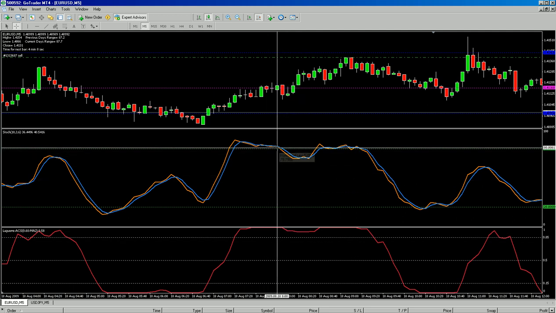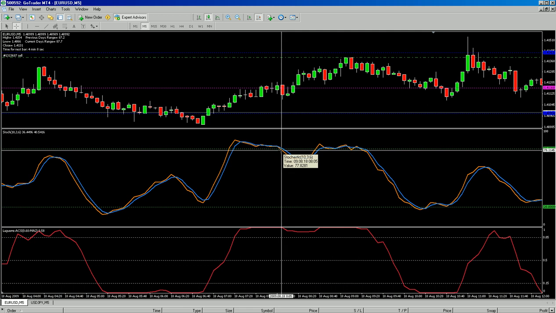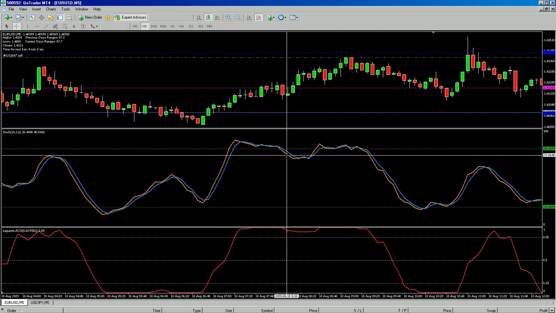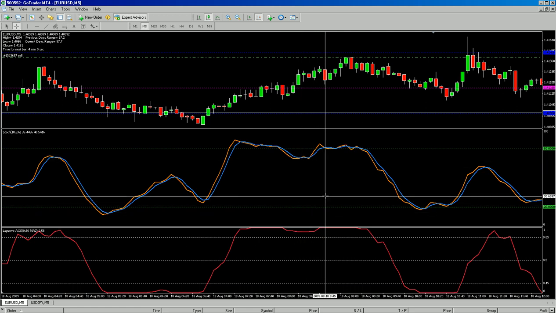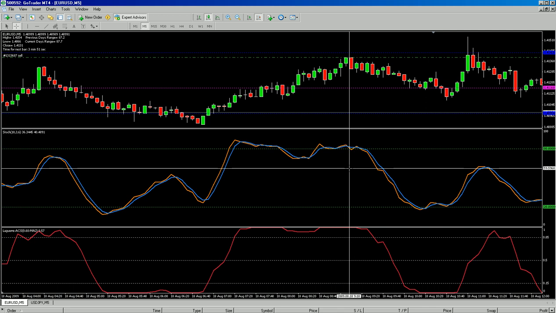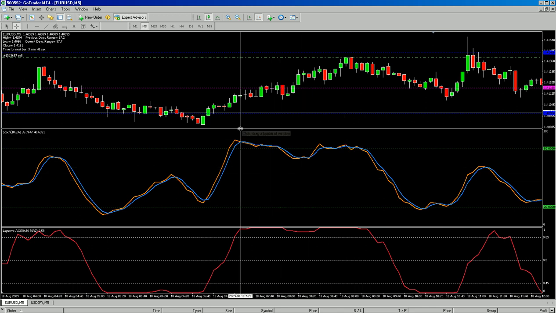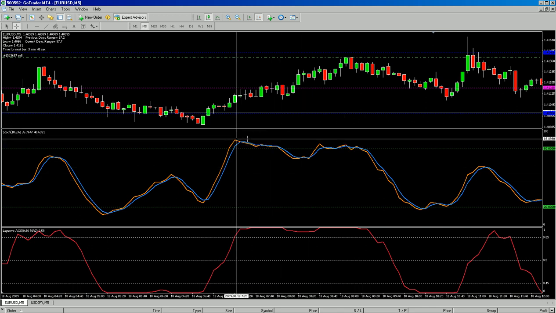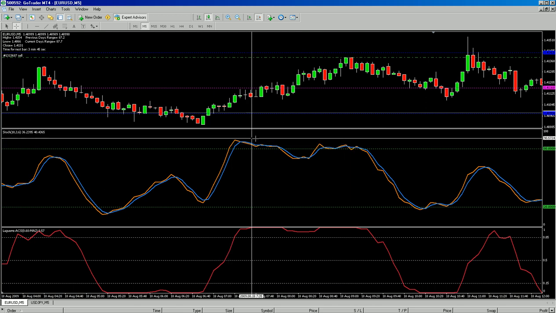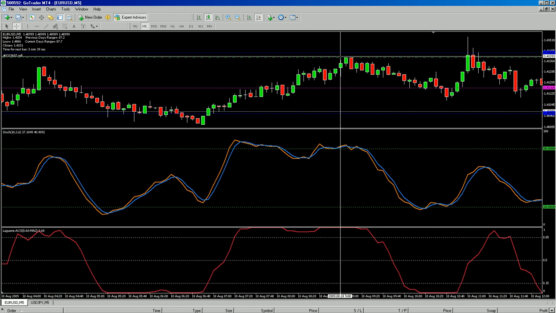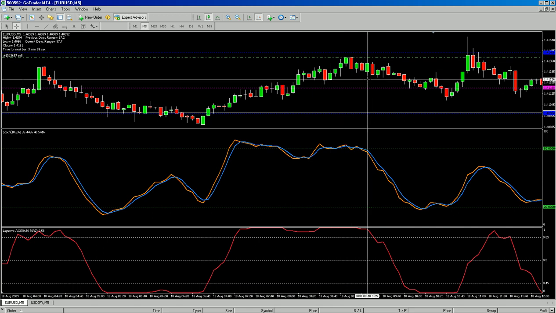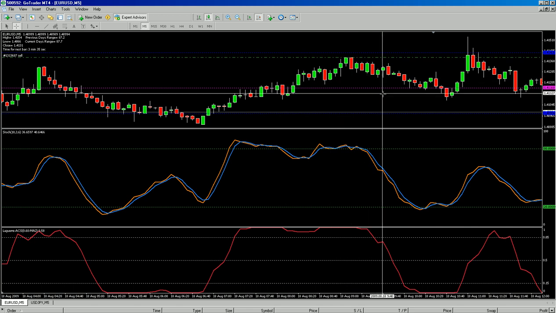Even though we have all this ugly, and look here, it's even turned down from above the overbought area, and you'd be tempted, but the lag keeps you in the trade, and up we go again. And again we have that divergence. See the high on the stochastic here, and these highs here are lower, so you've got a trending down line, and the price is going up, and as per a lot of divergence, it just falls off.